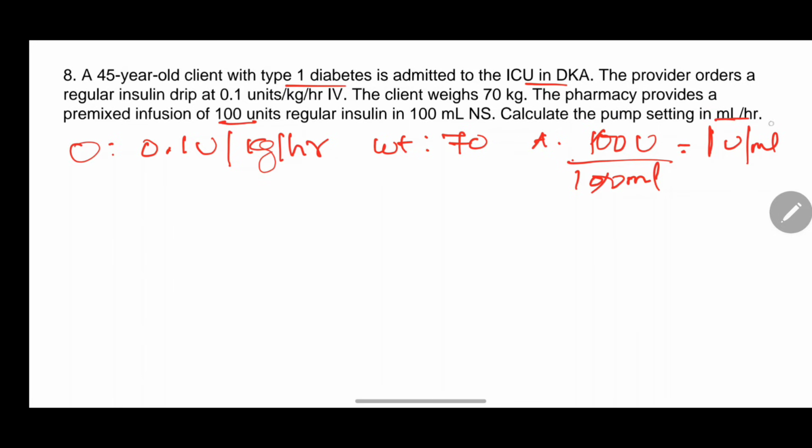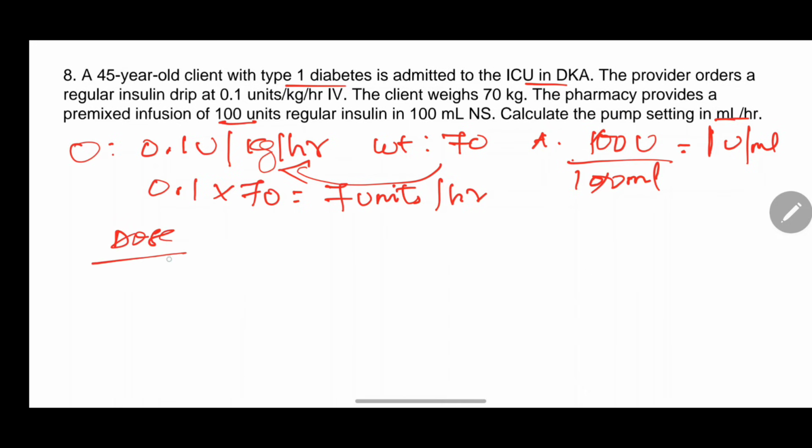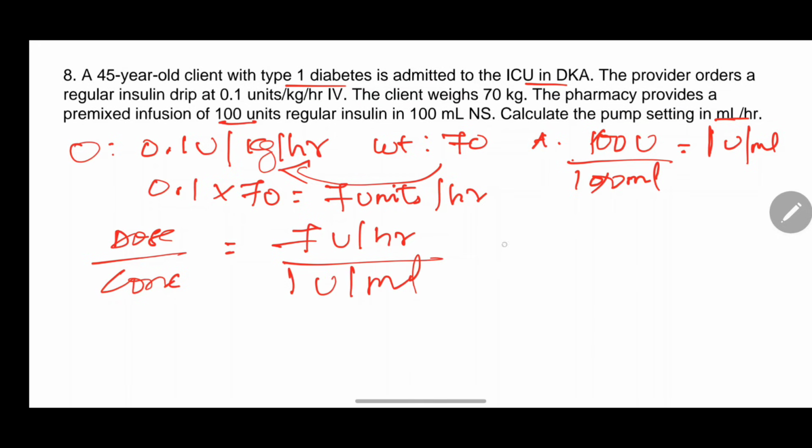Calculate the pump setting in ml per hour. So according to the weight, let's calculate 0.1 into 70 is 7 units per hour. So now let's put it into the formula, dose by concentration. Dose is 7 units per hour divided by the available concentration, 1 unit per ml. So here it is 7 ml per hour. It's the answer. Very easy, but when we read the question we feel it difficult, right?